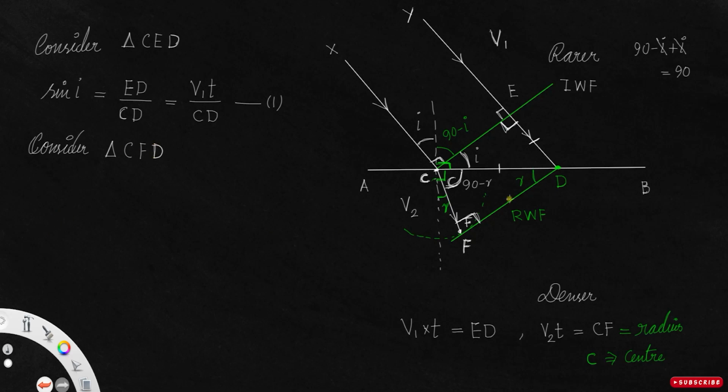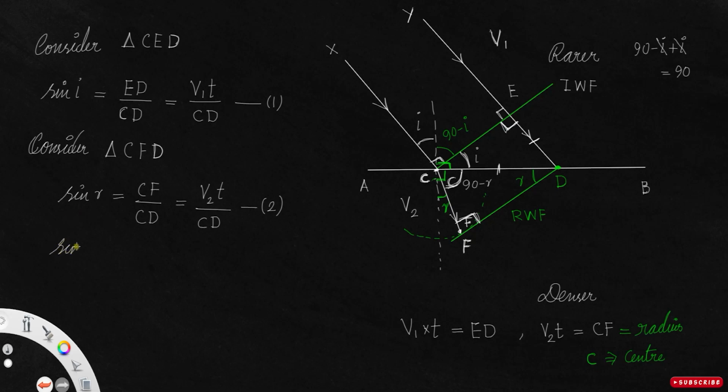We have sin R. Like before, sin R is opposite side, that is CF, divided by the hypotenuse of this triangle, which is opposite to 90, that is this side itself, again this side CD. Equal to, we know CF is actually V2 into T, V2T divided by CD. Call that as equation number 2.